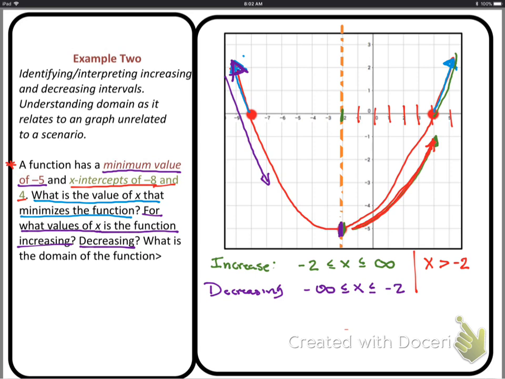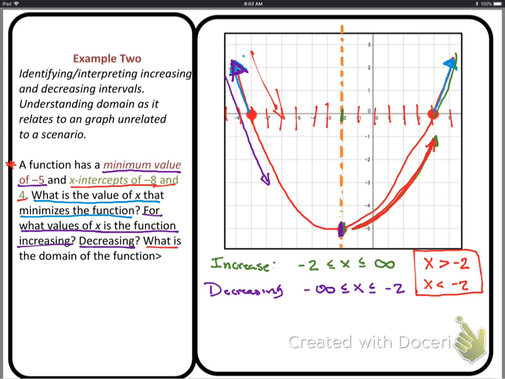The same thing goes for decreasing: it is all numbers less than -2. If we're looking at -3, all these values give us a decreasing interval, because it's all going down. That's just another way you can write it. They're both correct, and you will get full credit whichever one you present on your exams.